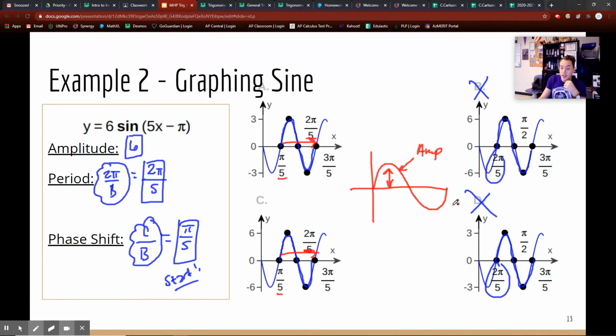It's not the whole thing, but it's just that. So that means this needs to go up 6 units. Which graph does that? C, and not A. Because right here, C goes up 6 units. From here to here, it goes up 6 units, and that's what I want. That's your amplitude, your A value. Hope that's clear.